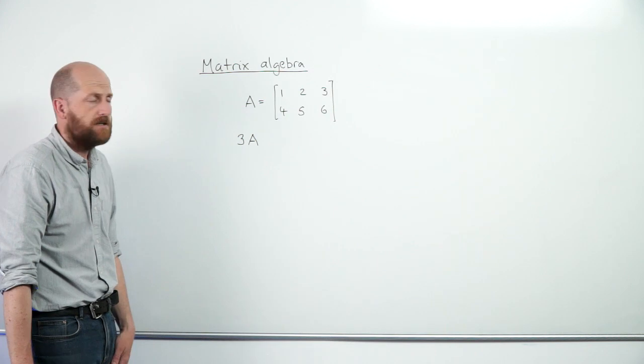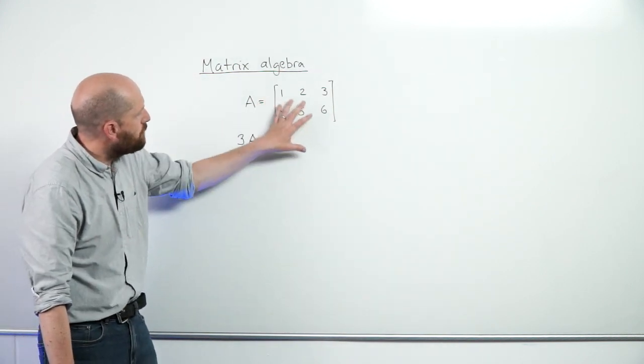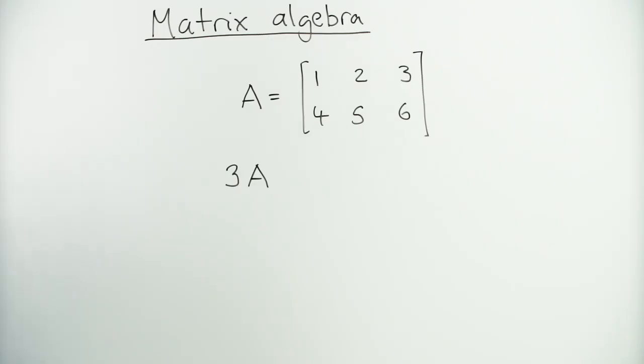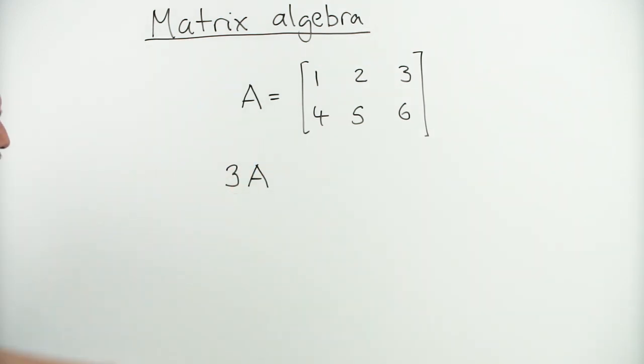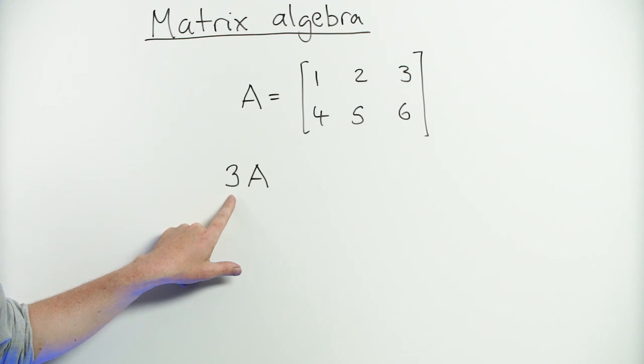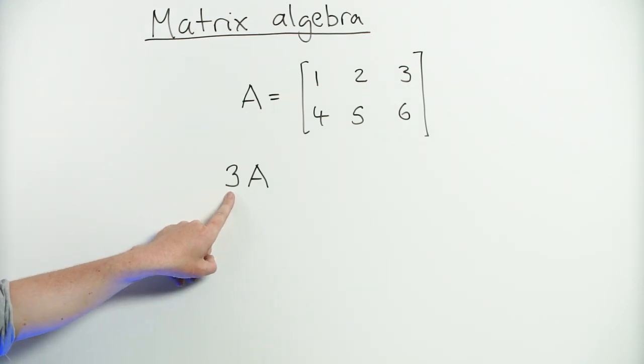Okay, so the next aspect of matrix algebra, if I have a matrix here, 1, 2, 3, 4, 5, 6, and I want to think about what 3A is. A is this matrix. So this is multiplication by a scalar, 3 here is just the scalar, the number 3.